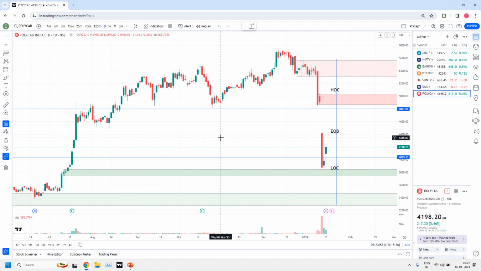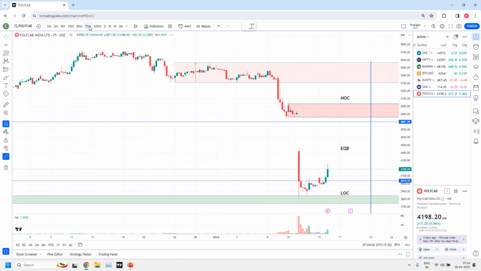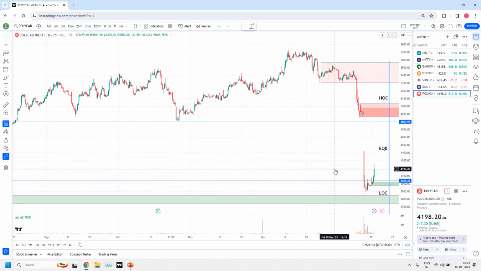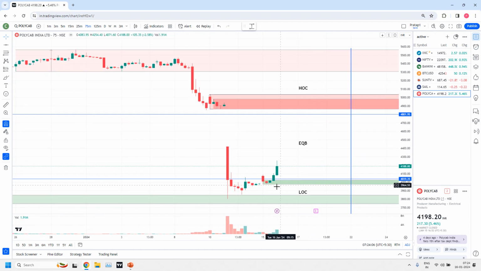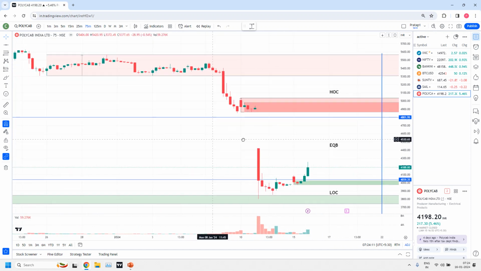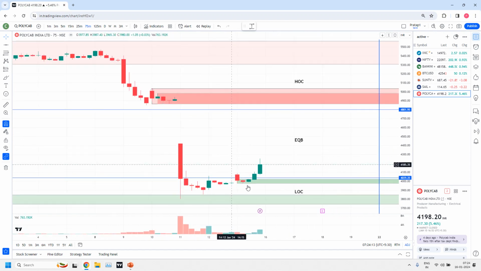Okay, now let us go to the LTF time frame. What is LTF? 75 minutes. In 75 minutes, we identified a demand zone. We have a drop, base, rally. And what about the supply zone?